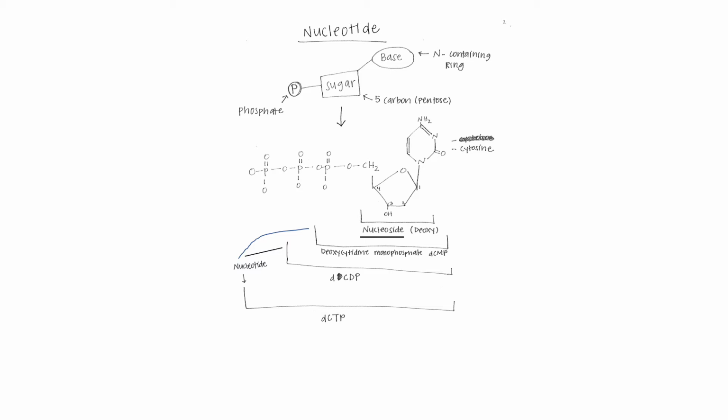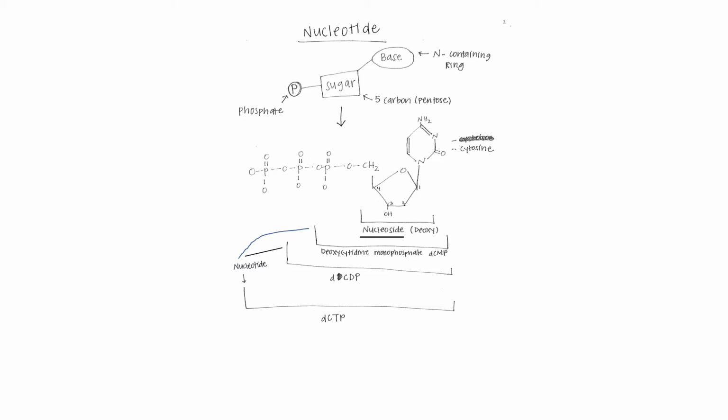Now if you look below, I have it drawn out more as the chemical structure. And so you can see the base there. That's one of the 5 bases. That's cytosine. And you can see it's a ring-like structure. Nitrogens are in there. Then you have the sugar.